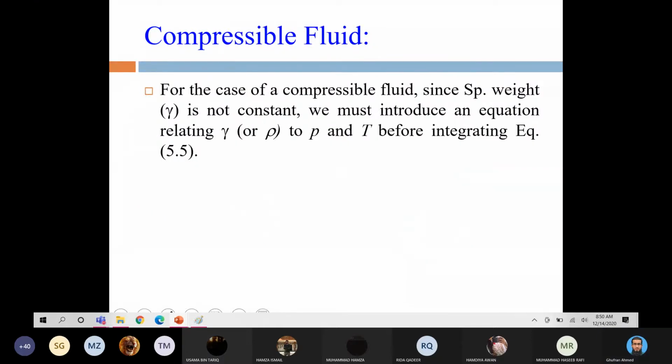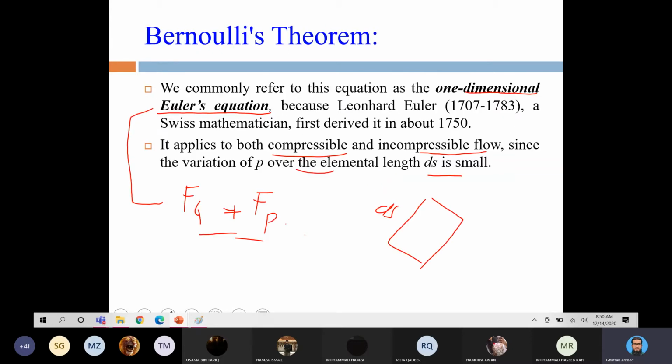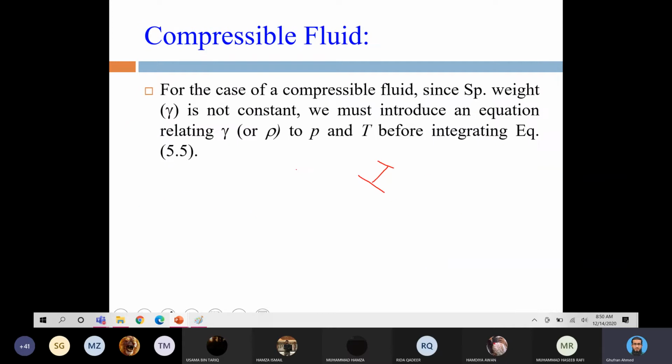Now, for compressible fluid, being hydraulic engineers, we consider our fluid as incompressible. For compressible flows, if we want to transform this Euler's equation, then we need to do some more derivation and procedure, and the final output will be different.